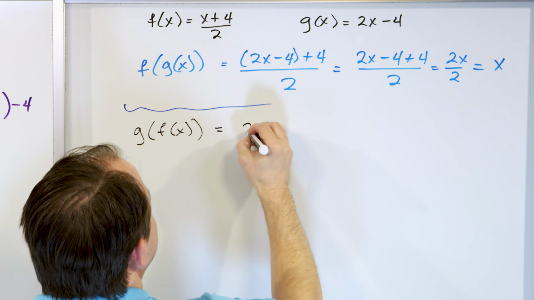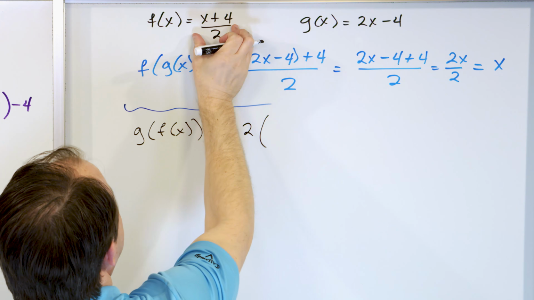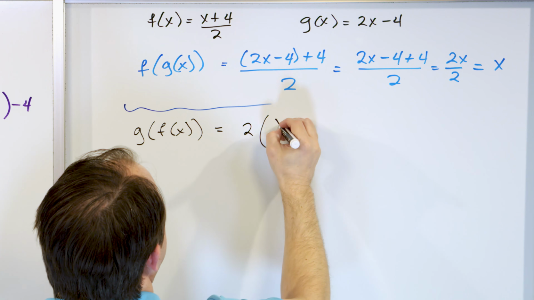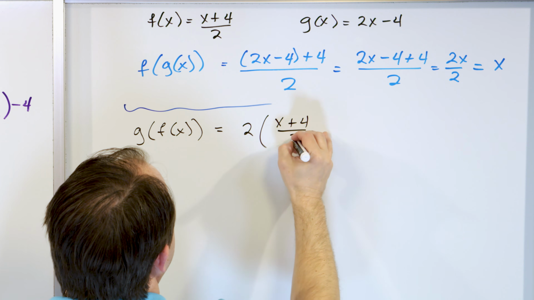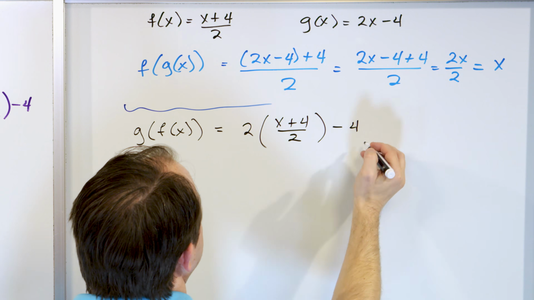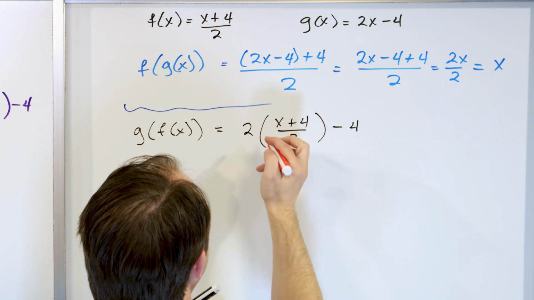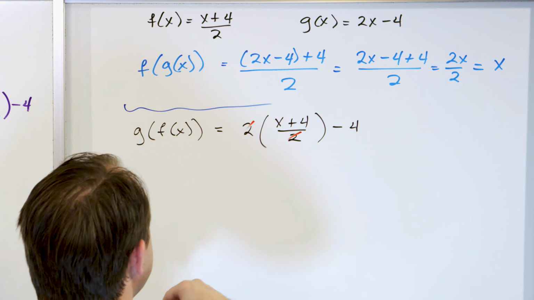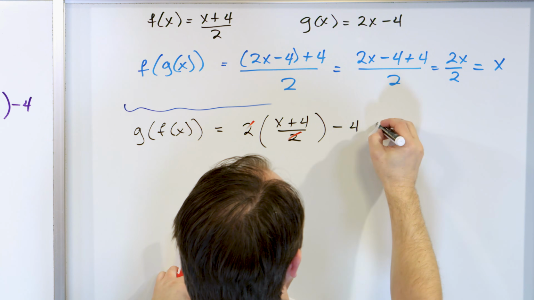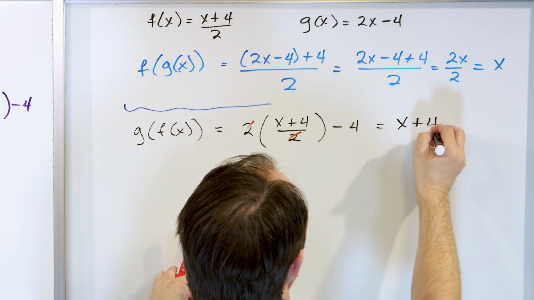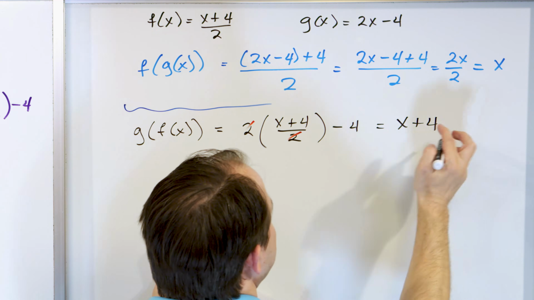So it'll be 2 times x, but this x is the entire function, (x plus 4) over 2. And then we have the minus 4. Now, when we have a 2 on the outside and a 1/2 here, they can cancel. And so what you're going to have is x plus 4 left over. That's all that's left out of this, but then you have a minus 4.